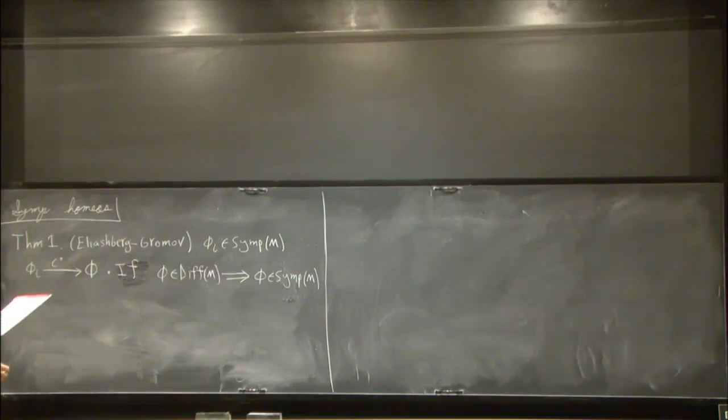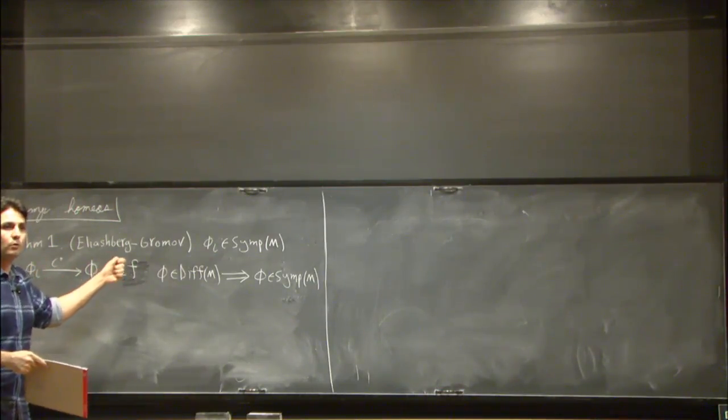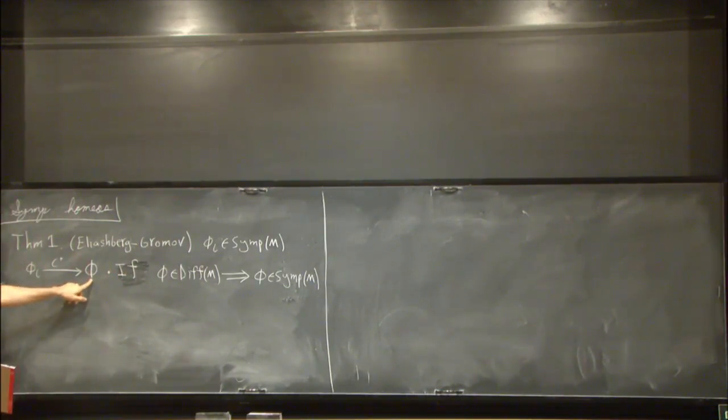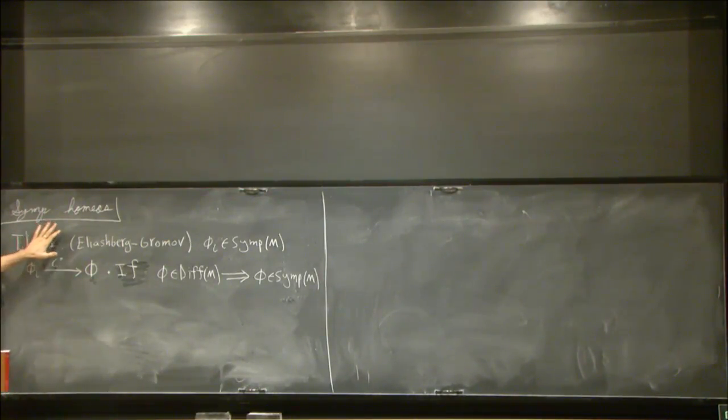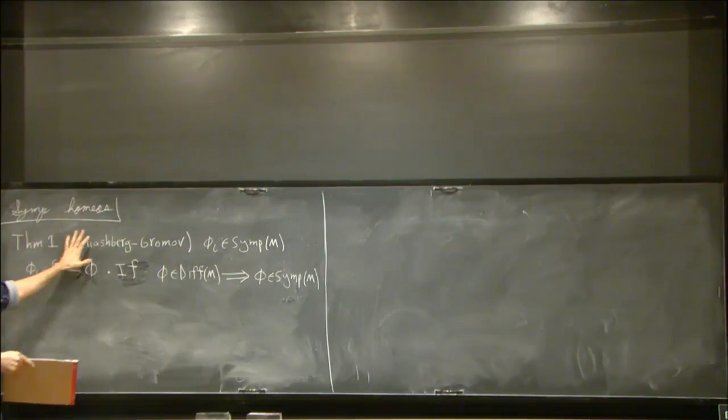Now, once you have this theorem, you can make sense of what a symplectic homeomorphism should be. It should be the sort of limits you get here when you take the limit to be something non-smooth. Are there any questions about the theorem? I'm assuming almost everyone here has seen the theorem before.